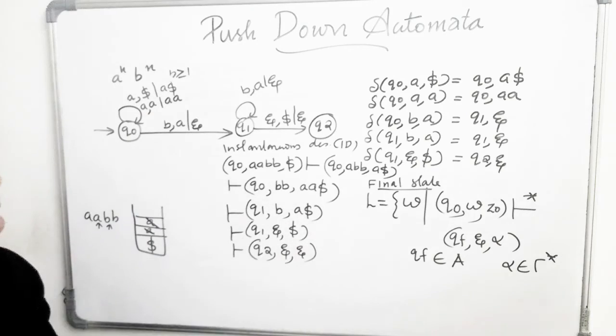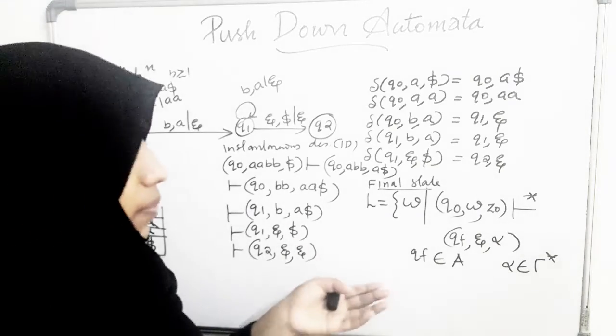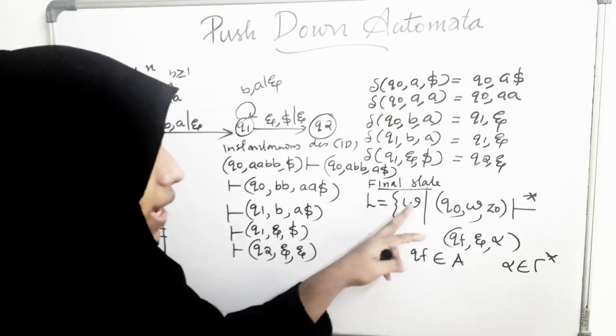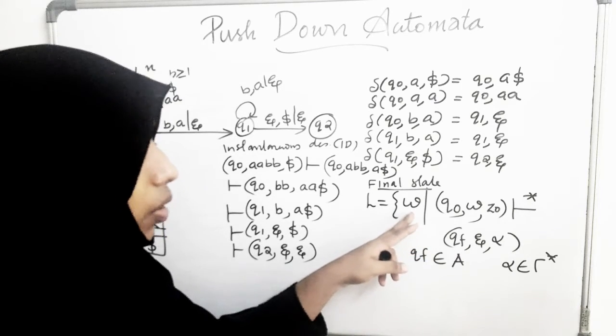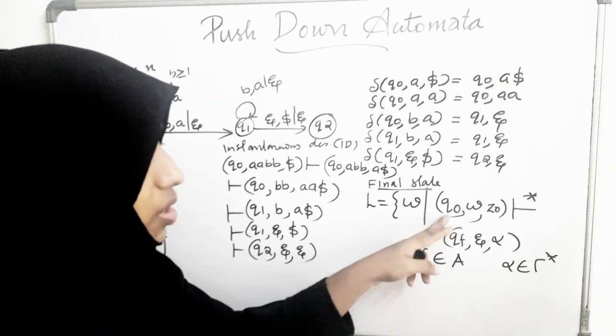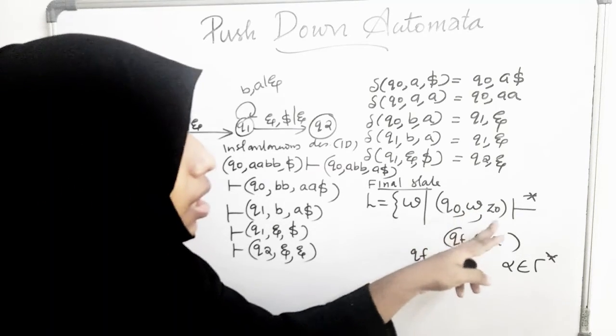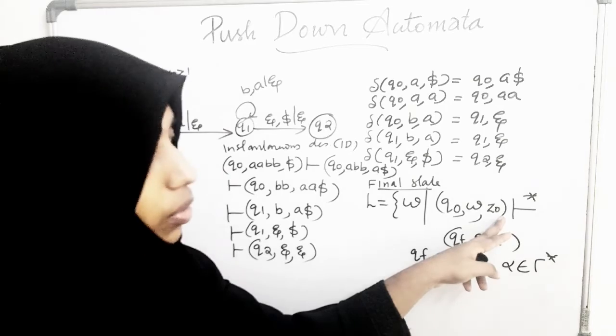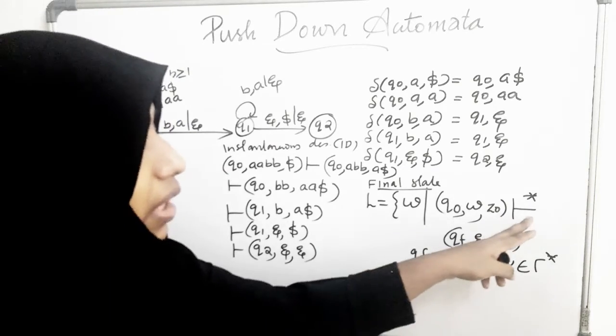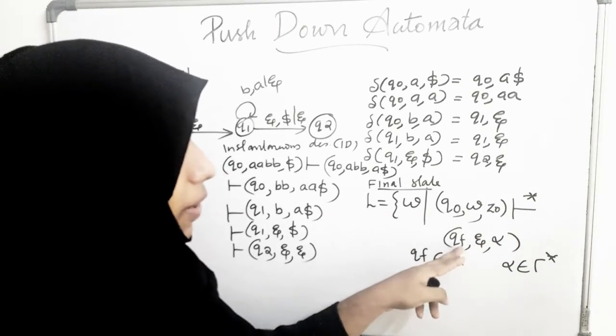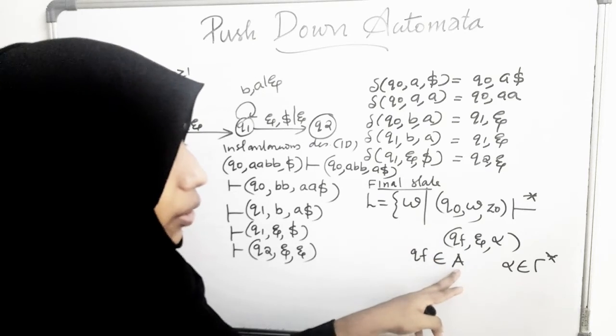So this is how you represent final state acceptance. That is, a language L is accepted by final state when all the strings W are accepted such that when W is given to Q0, the initial state, with the stack containing Z0, the stack bottom marker, in 0 or more moves you reach a final state QF, where QF is an element of A.